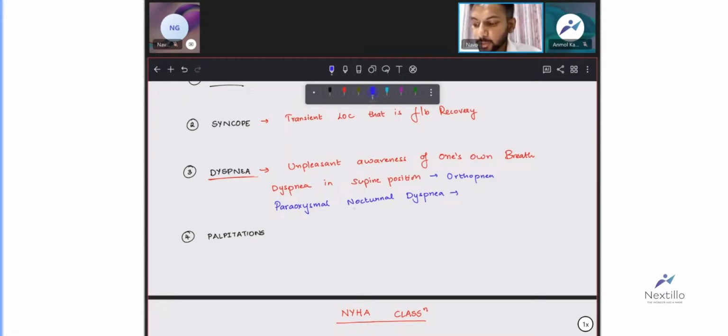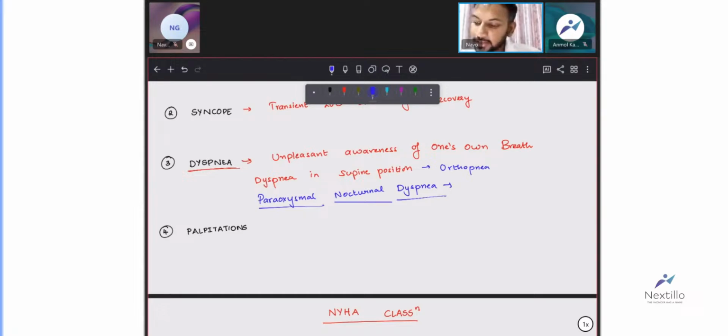There is dyspnea during the night. Paroxysmal means in the form of an attack. Imagine a person is sleeping and has sudden dyspnea, that is, shortness of breath or unpleasant awareness of one's own breath. If he has dyspnea suddenly in the night in the form of an attack, that is known as paroxysmal nocturnal dyspnea. What will the patient do? The patient will wake up, walk, take a deep breath, come back and sleep.